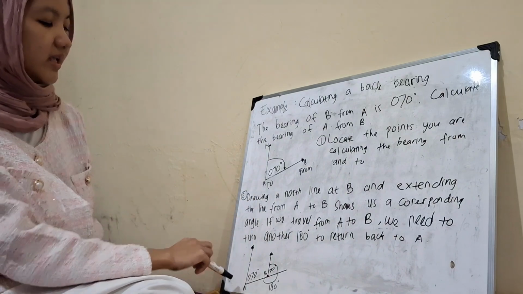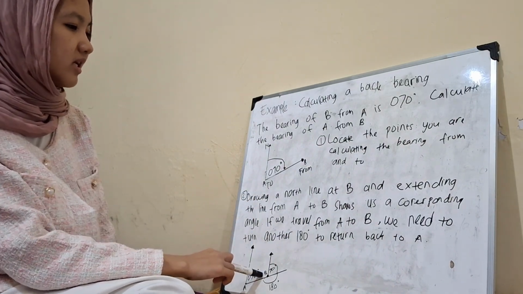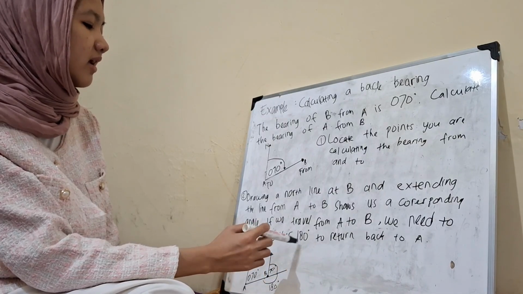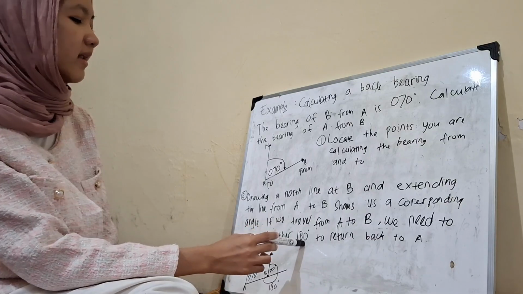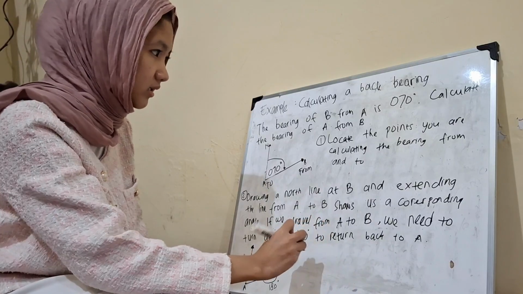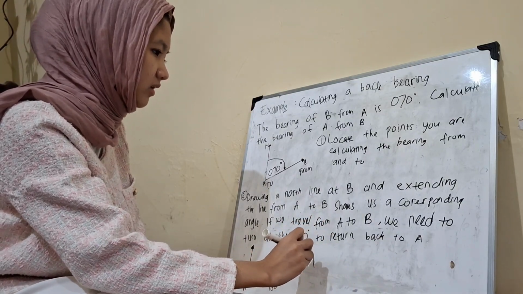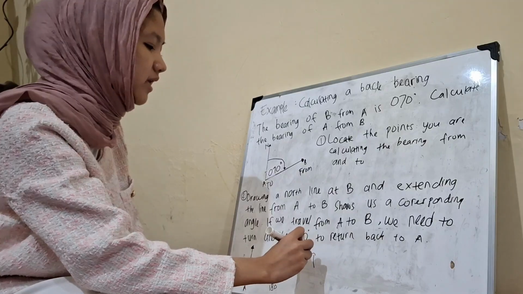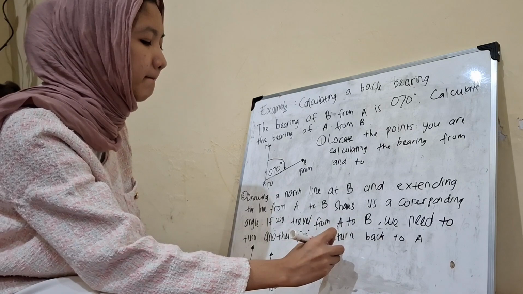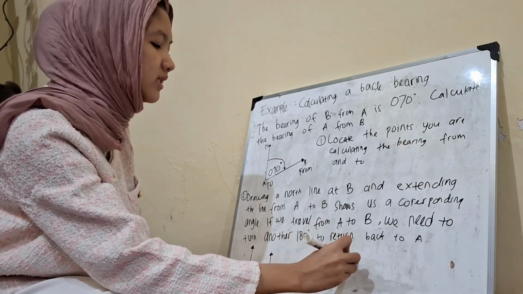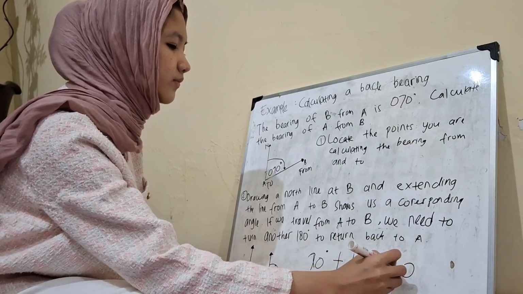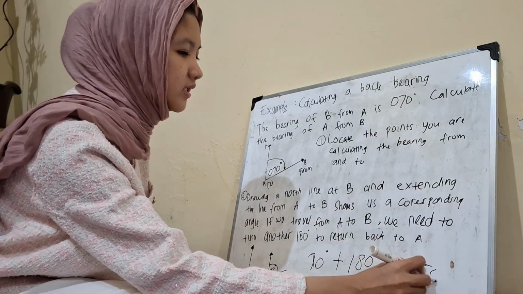A, B, return another 180 degrees. So we get 70 degrees plus 180 degrees is 250 degrees.